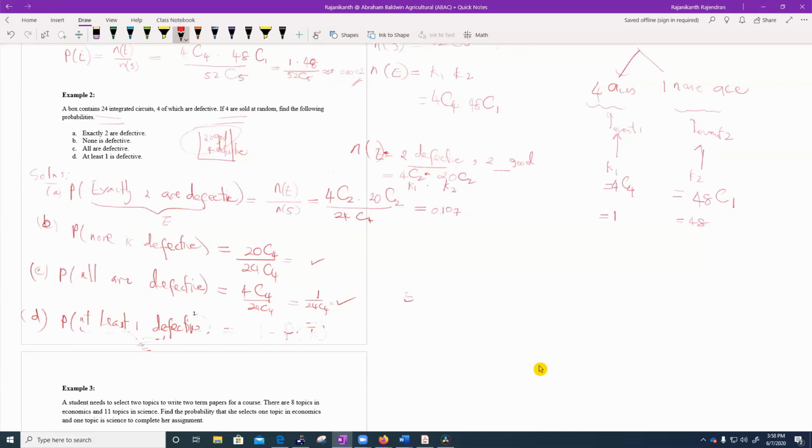If my event E is at least one defective, then my event E bar, the complement of this event, the negation of this statement, is going to be none of them. None of them is defective. That means all of them are good, right? That's the meaning. So I'm changing that, okay? So the probability of at least one defective is nothing but 1 minus the probability of none of them are defective.